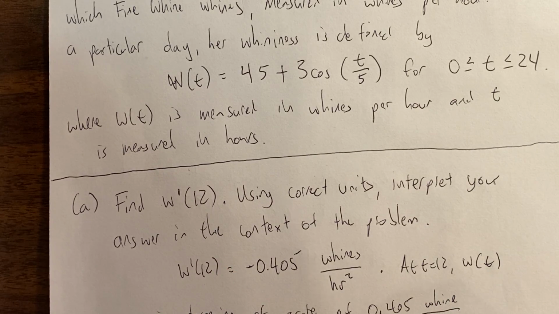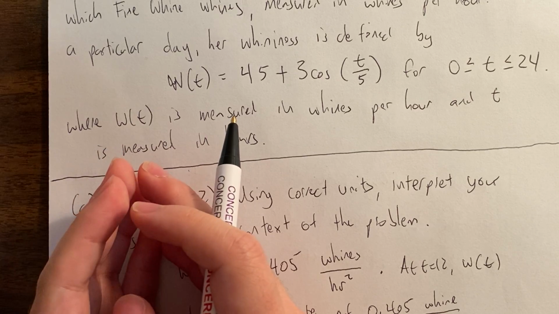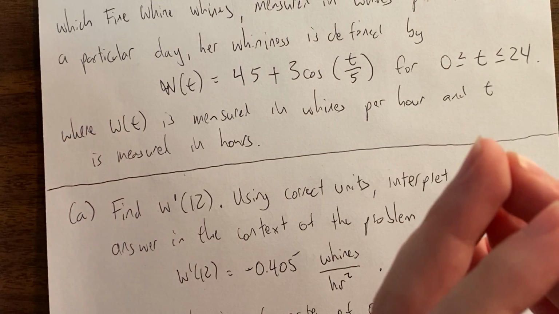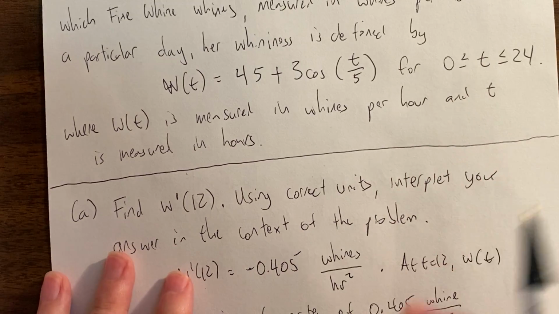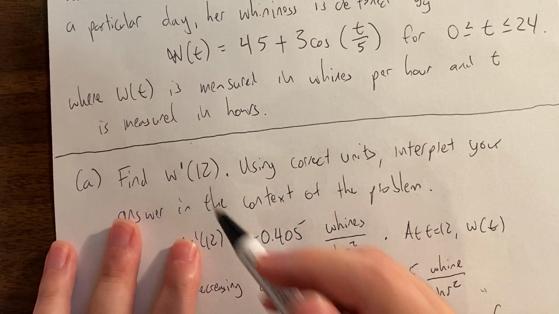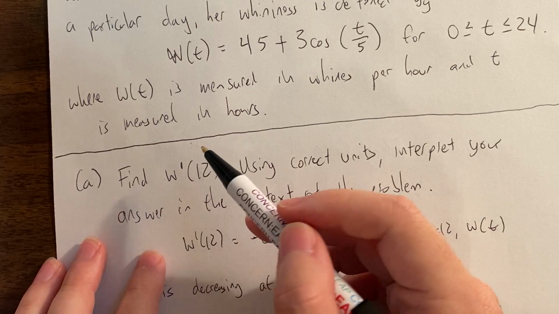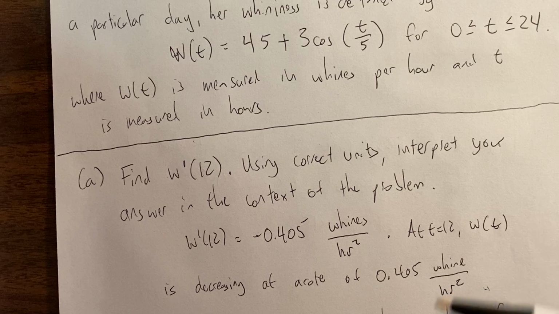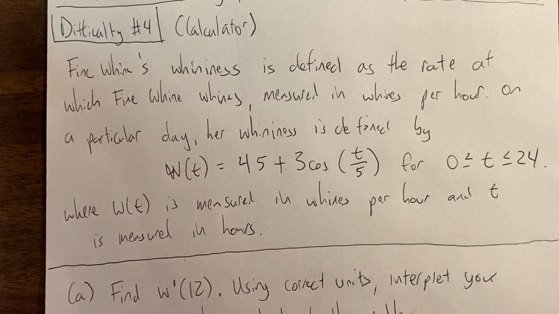So you just want to be careful about what you want to see is increasing or decreasing, and then in order to determine that, you would find the derivative and see if it's positive or negative. So in this question, we found W prime of 12, and W prime of 12 being positive or negative tells me whether W is increasing or decreasing. And W is increasing or decreasing is actually the rate.